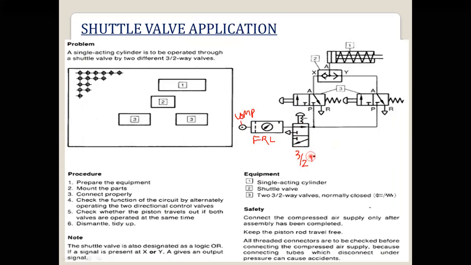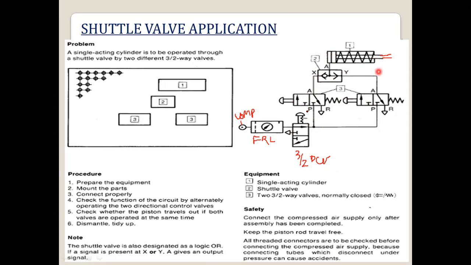The air supply goes to the two 3 by 2 DCVs, and from here the air will pass through this shuttle valve, then to the single acting cylinder.